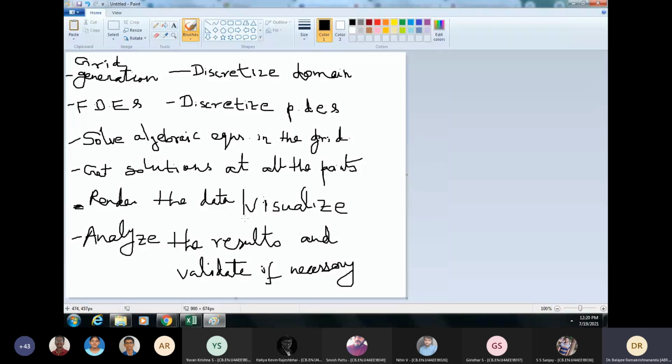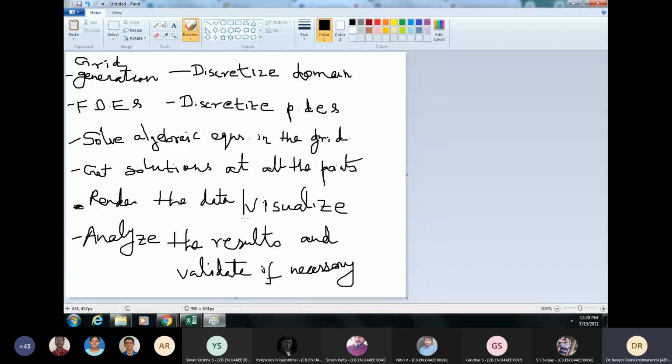So yeah, next one is: when you go for analytical solutions, I told you those coupled partial differential equations are there. One for continuity, which is mass. Mass is conserved.